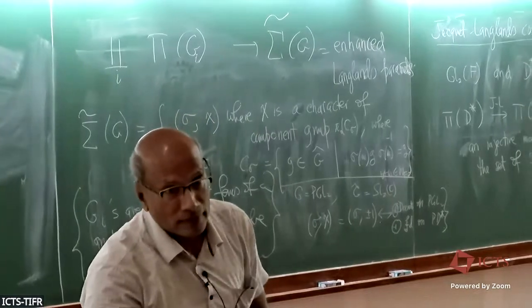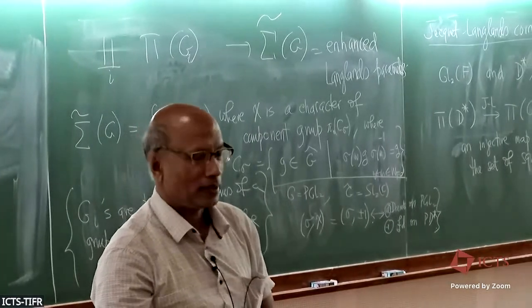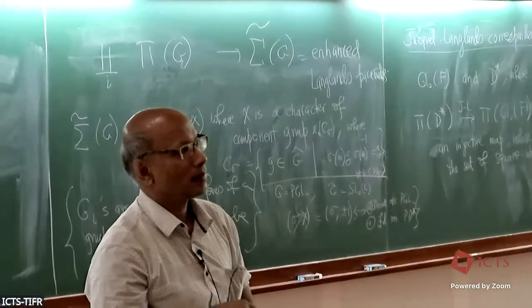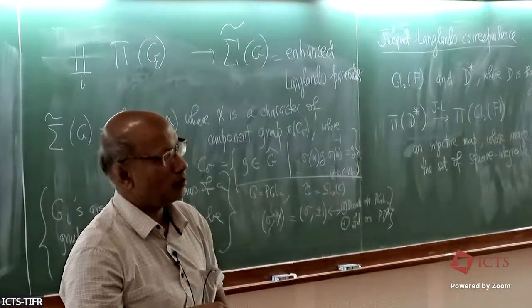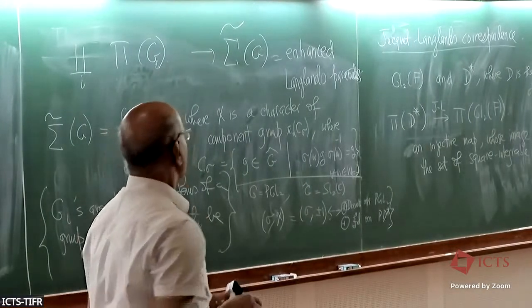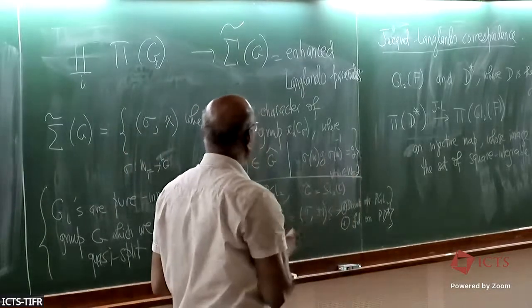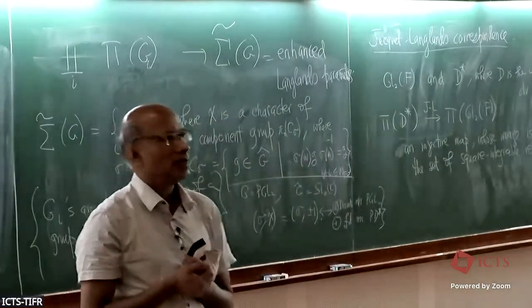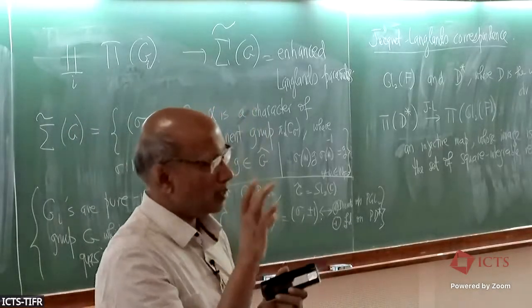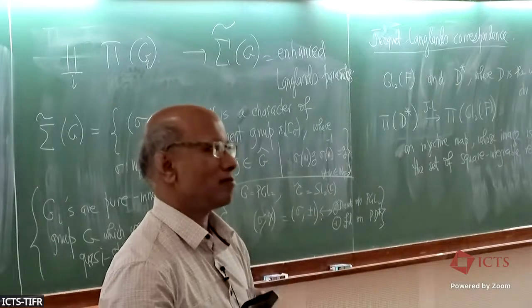Sorry? No, Arthur packets are different. Vogan packets are disjoint union of L packets on pure inner forms. And the GGP conjectures are about Vogan packets. So we will be looking at pure inner forms and disjoint union of L packets on them.